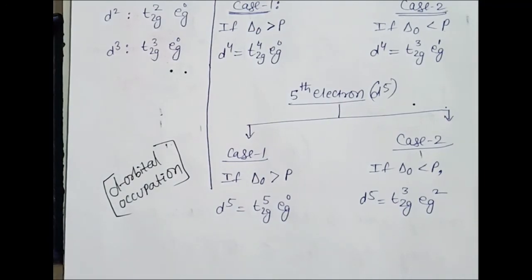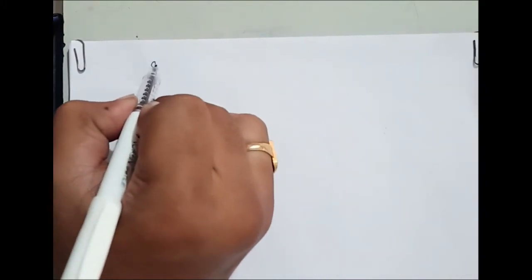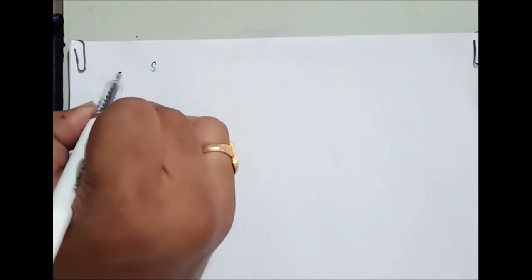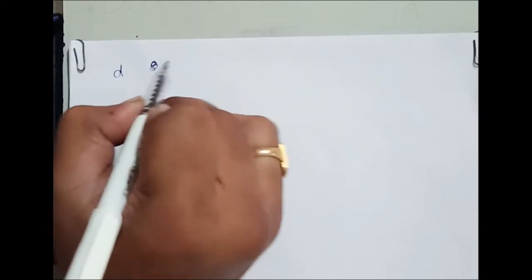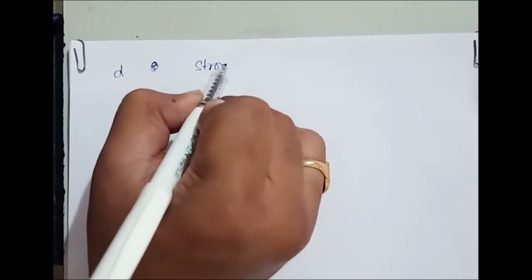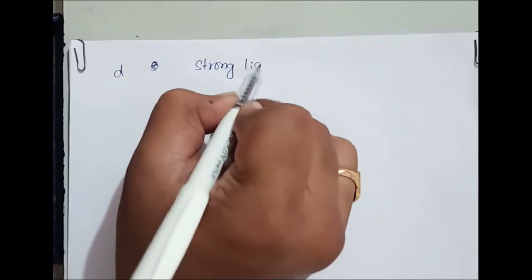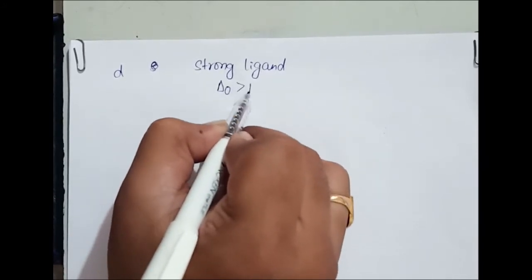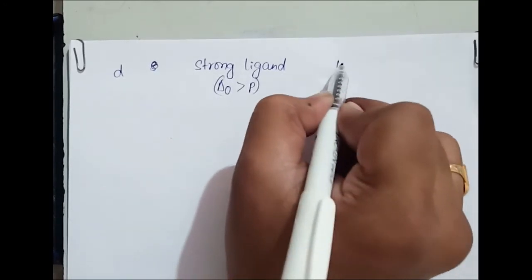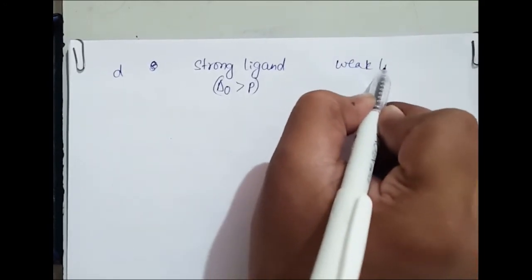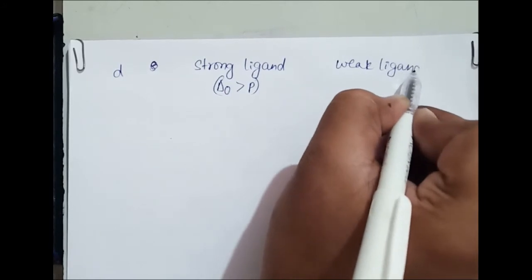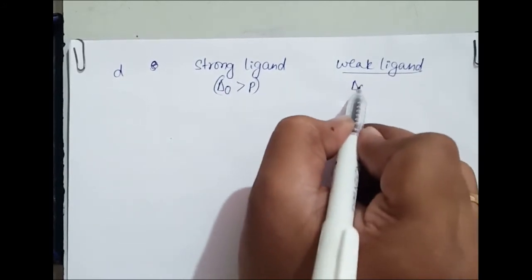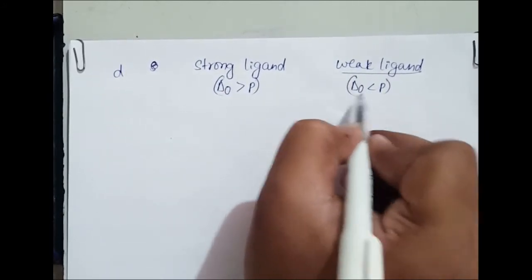Now let us make a table so we understand it more clearly. In the table, first of all the d system, then strong ligand, which means the energy gap is more than the pairing energy, and weak ligand, the energy gap is less than the pairing energy, right?